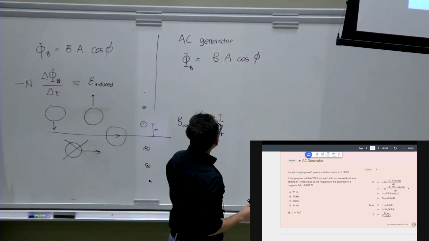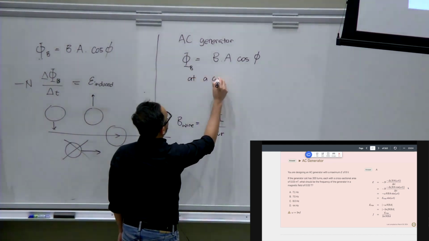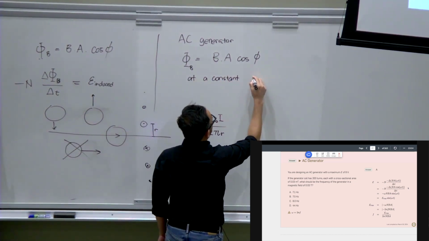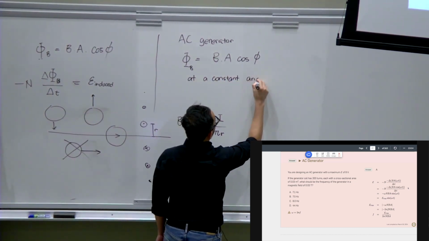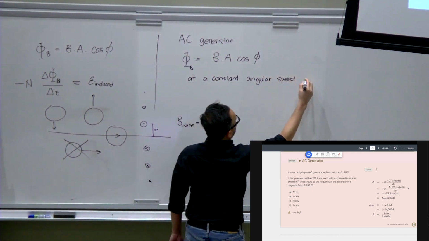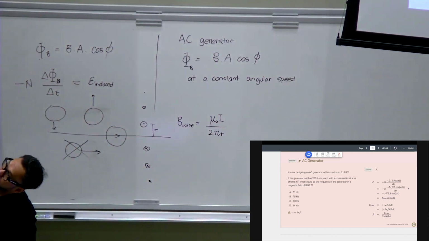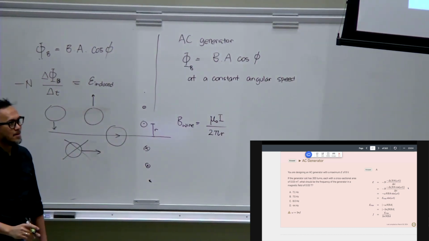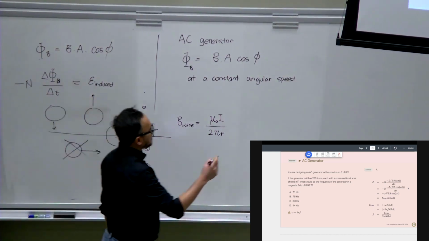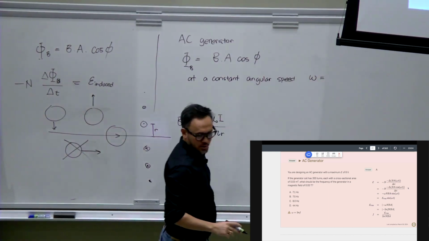And if we rotate at a constant rotational speed, or angular speed, what is the symbol of angular speed? Yeah, little omega.